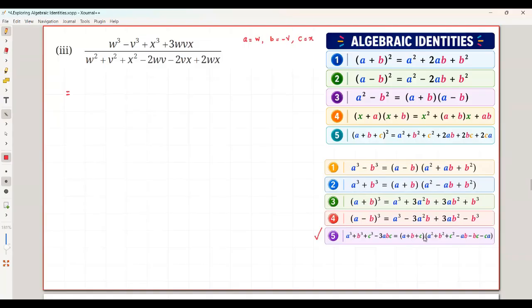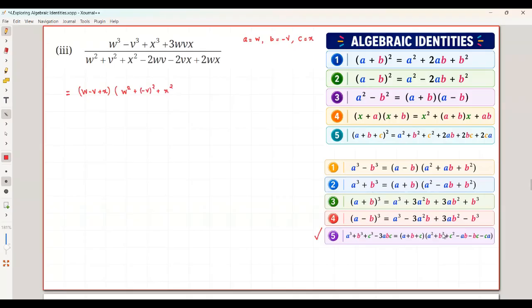So a plus b plus c means w, minus v, plus x. Into a square plus b square plus c square: a square means w square, plus b square, that is minus v the whole square, plus c square, that is x square.